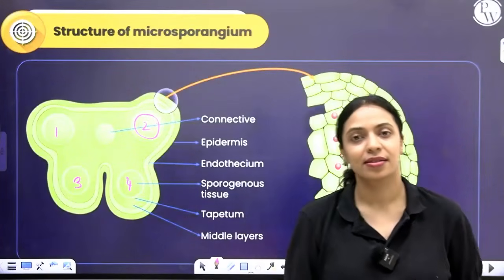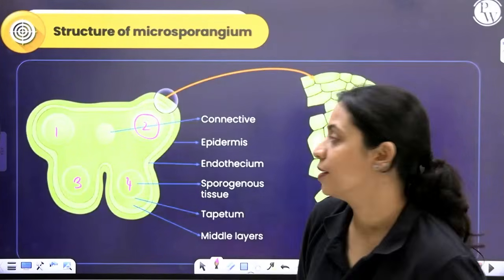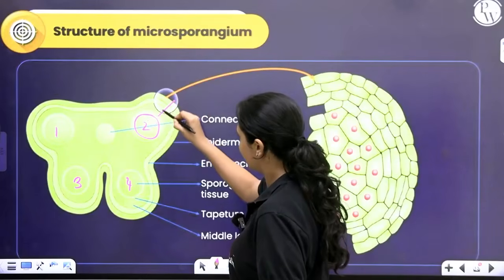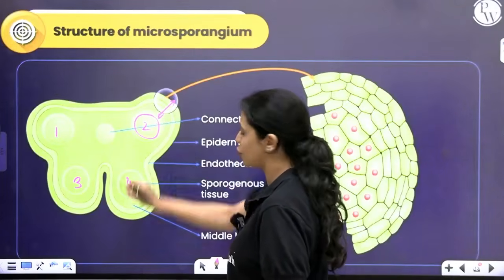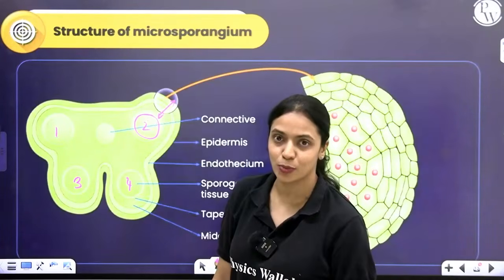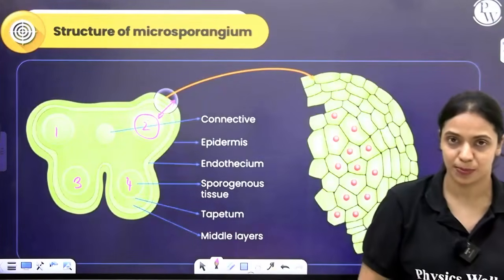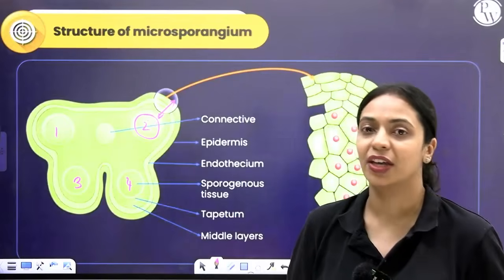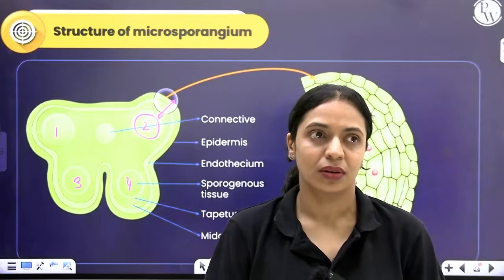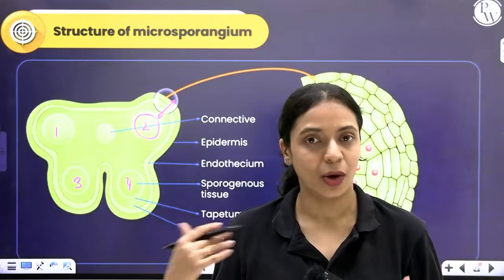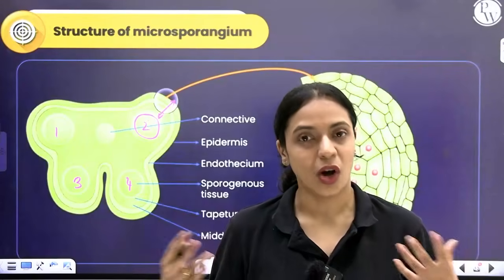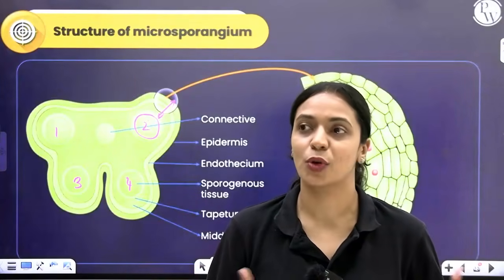It requires a good amount of protection. So the wall of the anther that is protecting this tissue, which in future is going to give rise to pollen grains, is very protective. It has many different types of layers, each layer having its own benefits to offer. Similar to how we have walls in our homes, walls in general are supposed to offer protection.